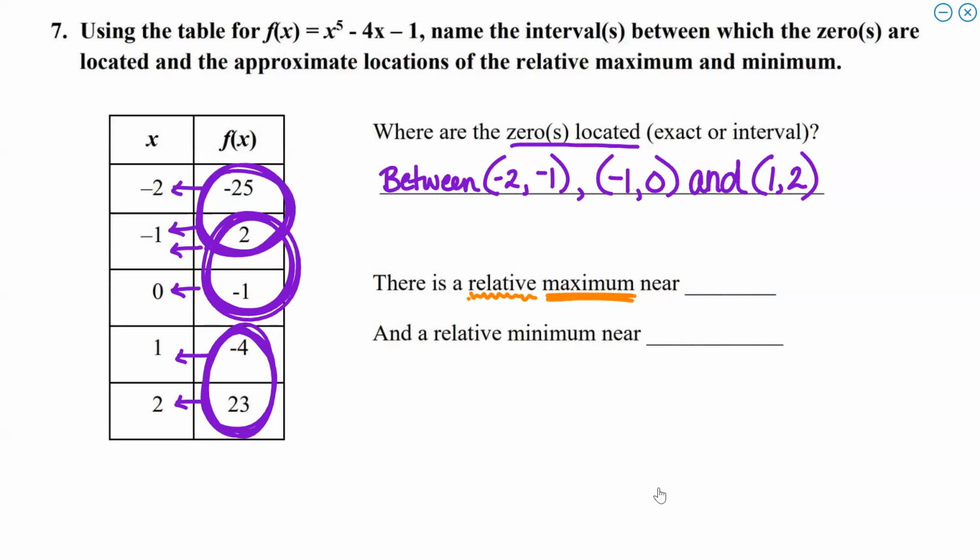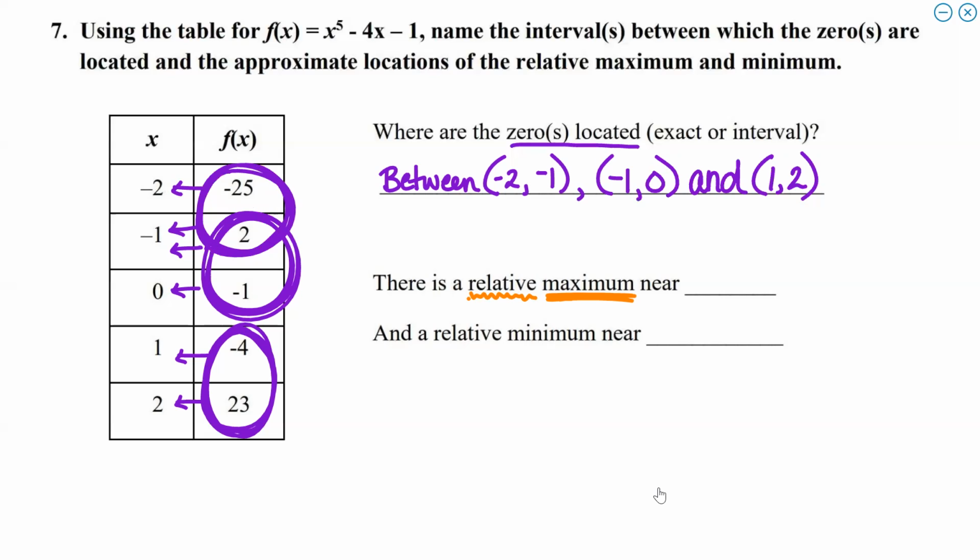All right. Relative maximums, bumps. I'm going to see a relative maximum if I'm looking at the table and it's getting bigger, getting bigger, getting bigger, and then it starts to get smaller, because then it has turned and gone down. So from -25 to 2, is that getting bigger or smaller? Bigger.